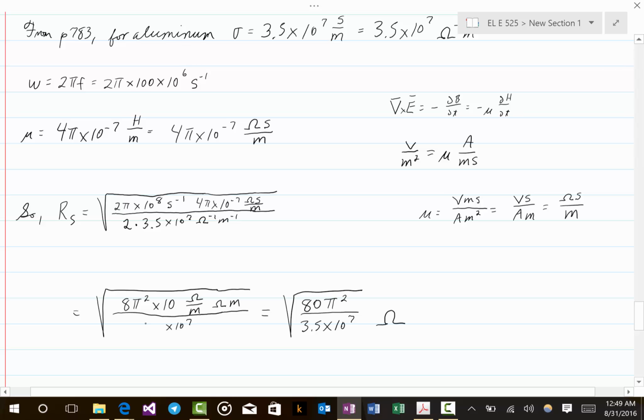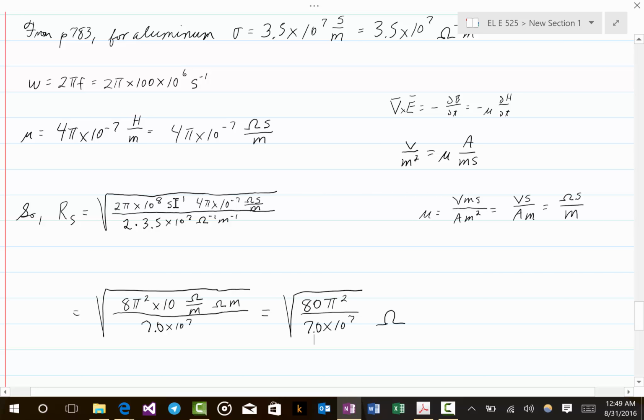Okay, the 2 times 3.5 will give us 7.0. But the important thing I want you to notice, because these kinds of manipulations are just turning the crank, what's more important right now is looking at what happens to the units. So let's look at this.